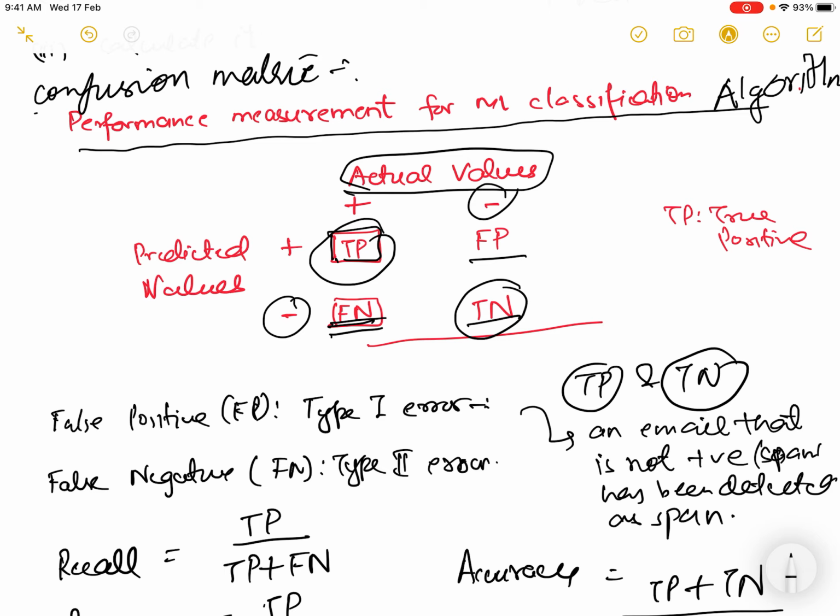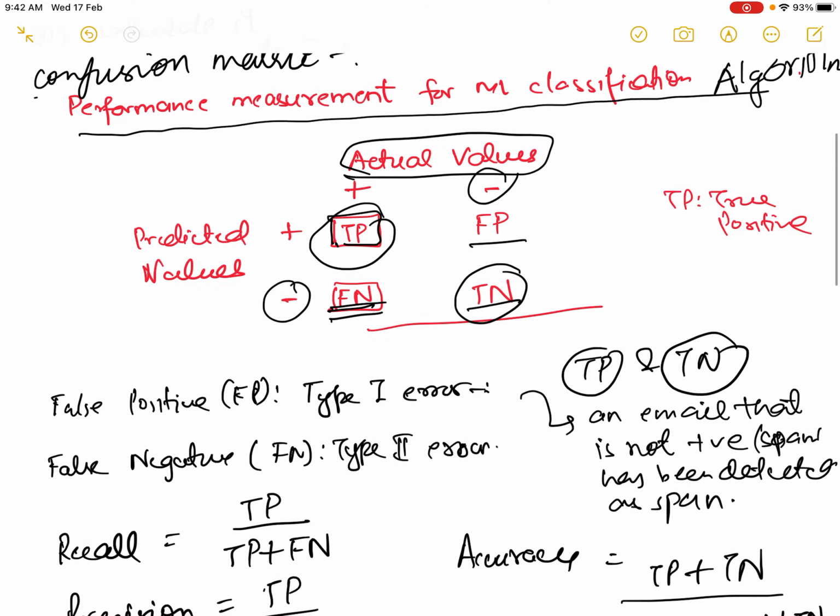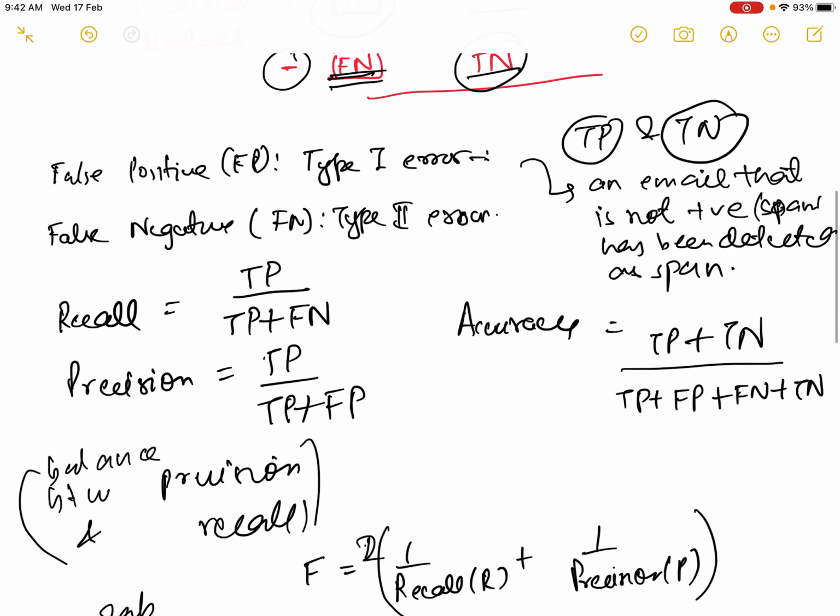So this is classified as false positive, and similarly there is false negative. If any of you have a statistical background, you will understand that false positive is nothing but a type 1 error, and false negative is a type 2 error.